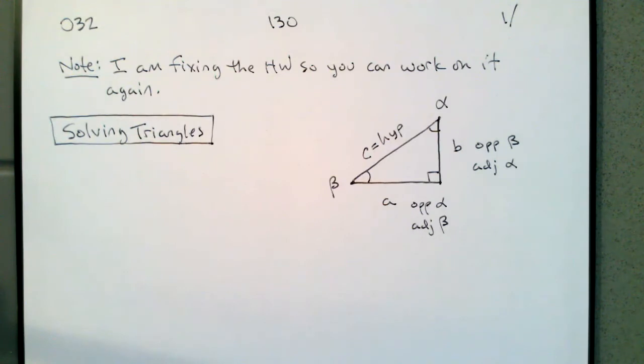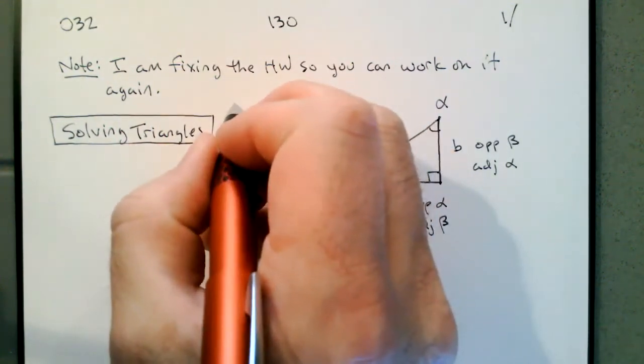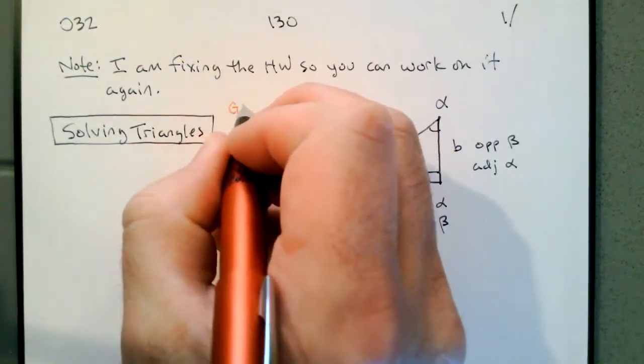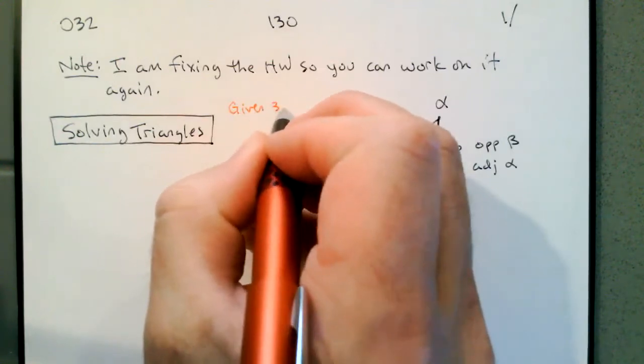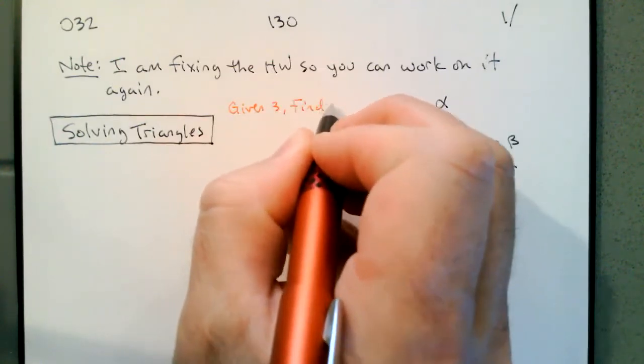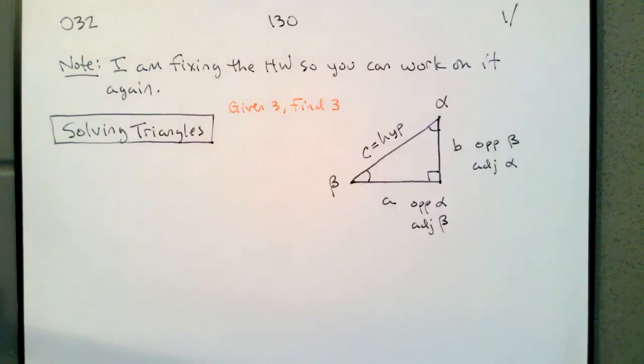So let's remind ourselves of the solving triangles game. The solving triangles game is that I give you 3 of the 6 pieces of a triangle and you find the other 3. So this is given 3, find 3. In the solving right triangles version of the game, one of them is a right angle.